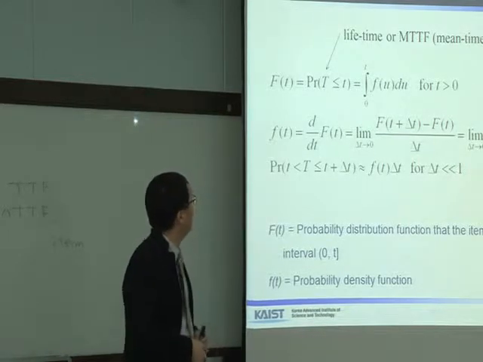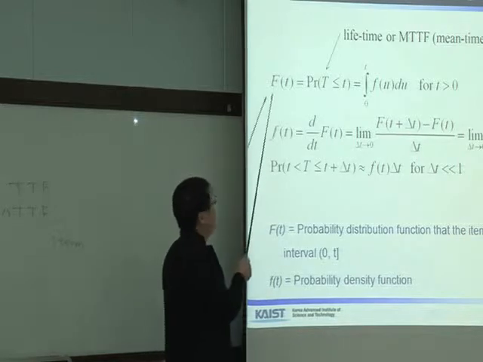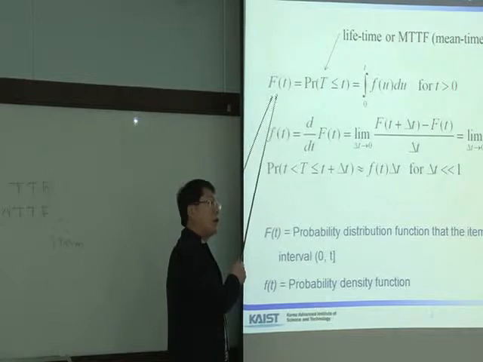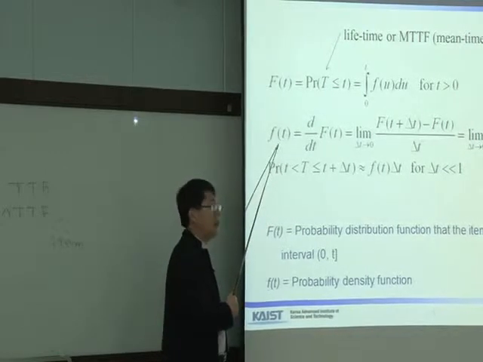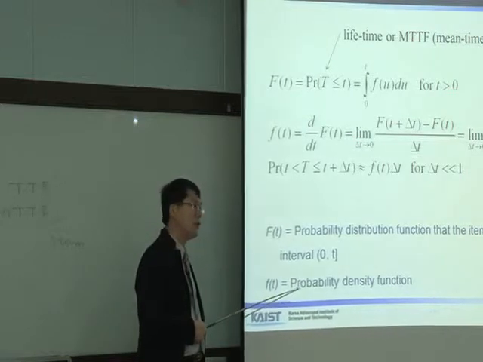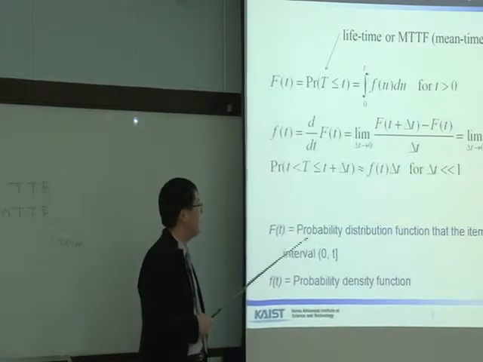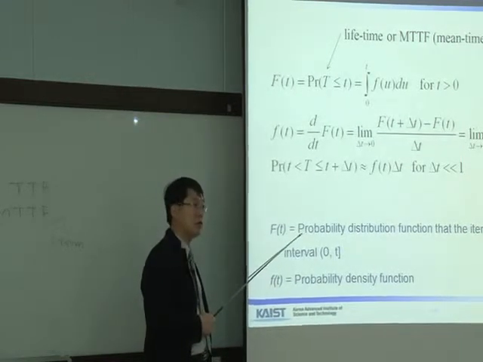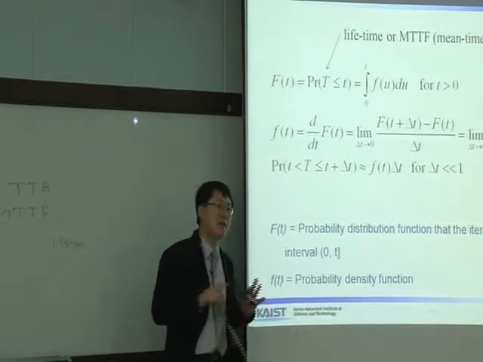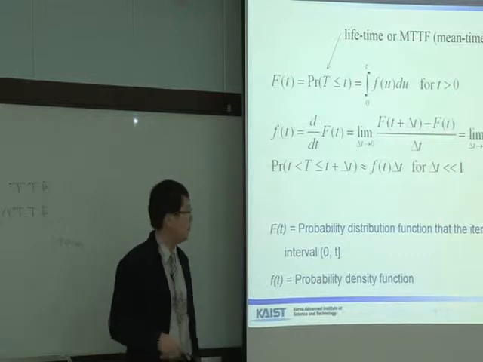So here we have capital F(t), large F(t), and small f(t). You should distinguish the probability density function from the probability distribution function. They look similar, they sound similar, but their meaning is different.